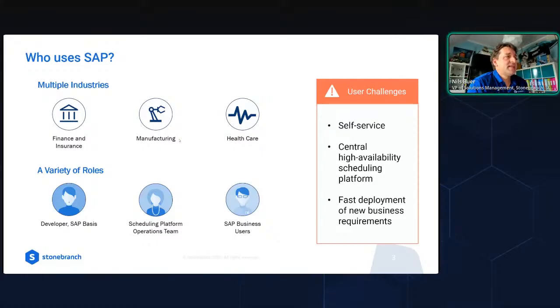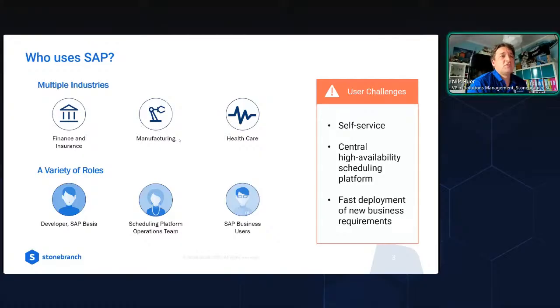The interesting thing is when you talk about SAP, you're not talking to a single person or a single profile. You're talking to a lot of different roles. You have the SAP basis teams, you have the developers that, for example, develop the ABAP programs. Then you have the people who operate the platform, so the scheduling team, for example. And you have the SAP business users that, of course, also want to do things by themselves, so they don't want to rely all the time on the scheduling platform operations team.